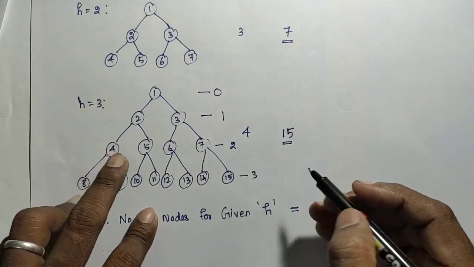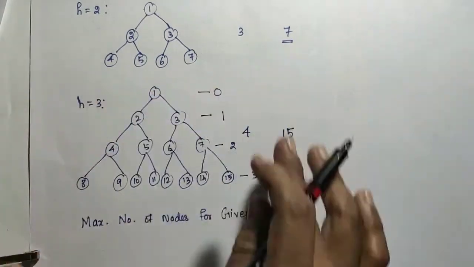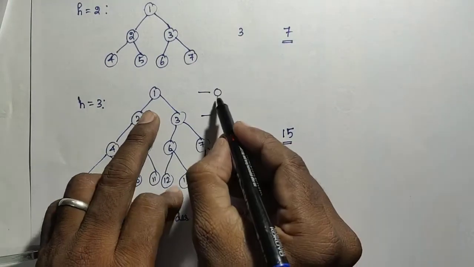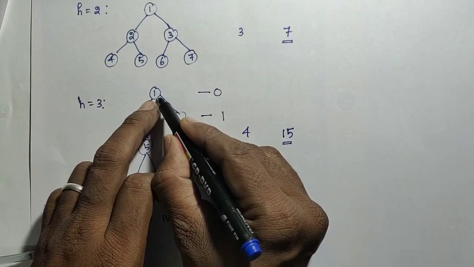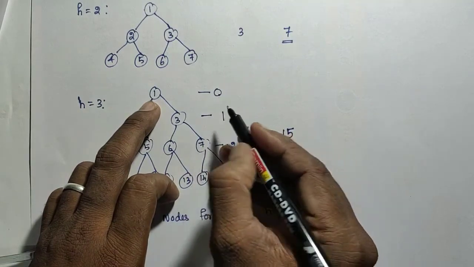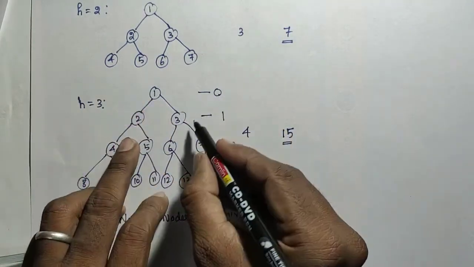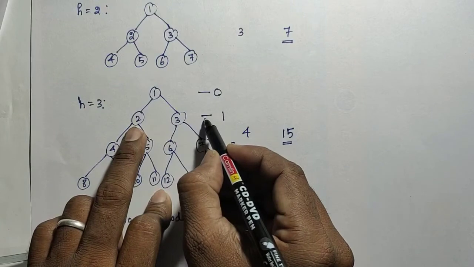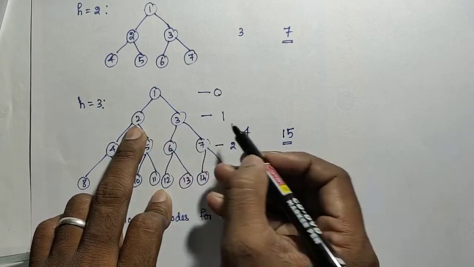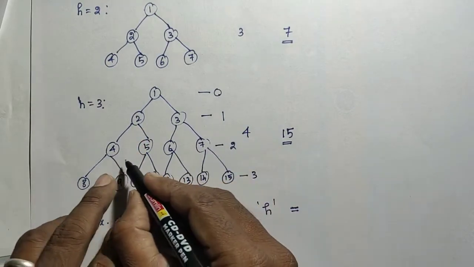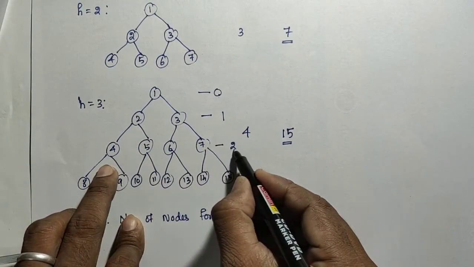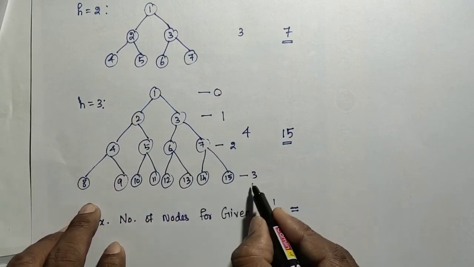See how the maximum number of nodes can be added. At the 0th level, how many maximum nodes I can add, that is 2 power 0. Here maximum number of nodes I can add is 1, so that is 2 power 0. At level 1, 2 power 1. Here this level 2 power 2, in this level 2 power 3.